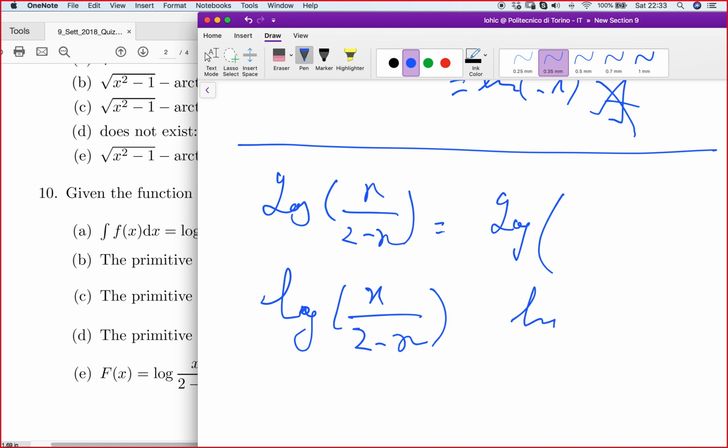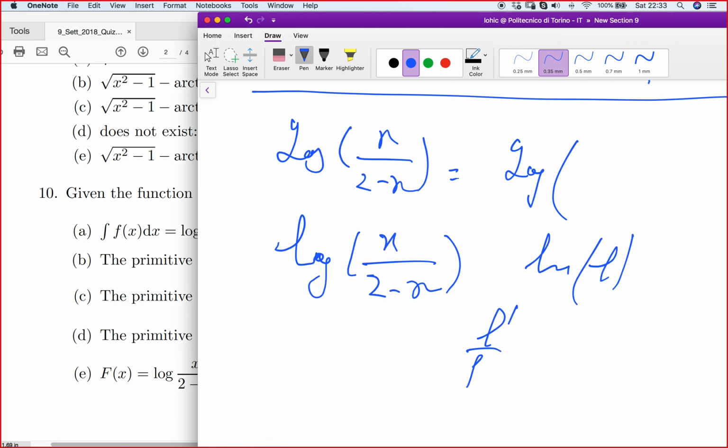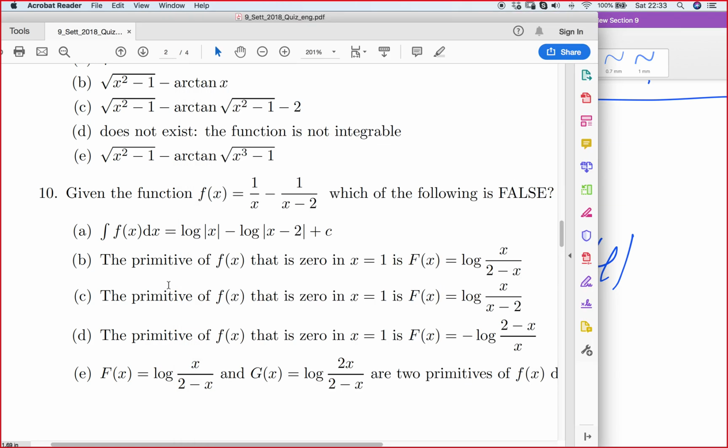Remember that the derivative of the log of f is just f prime over f. Yes, B is correct, and C is false for the reason that if you put 1 here, you will get the logarithm of minus 1, which doesn't exist.